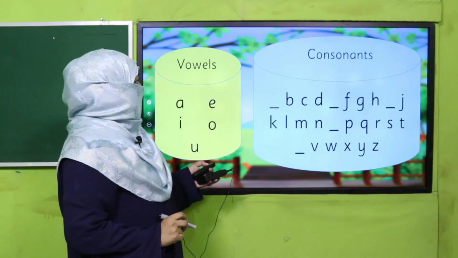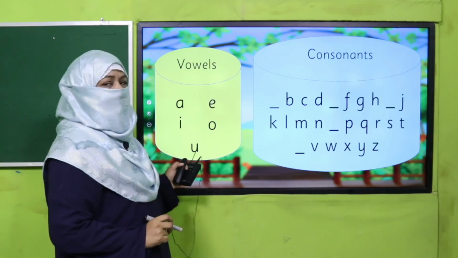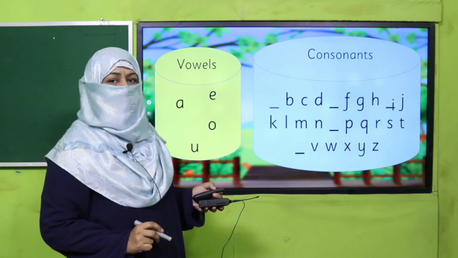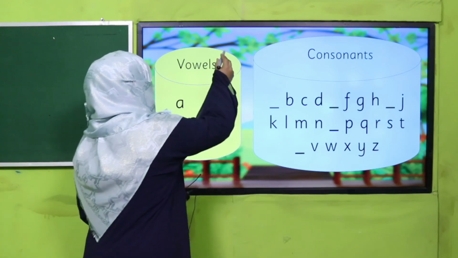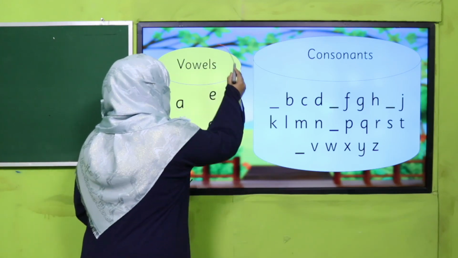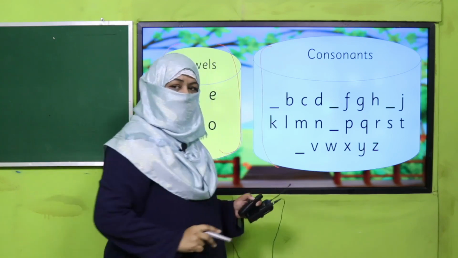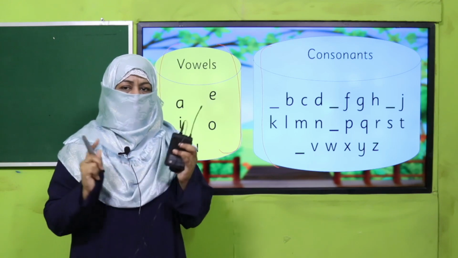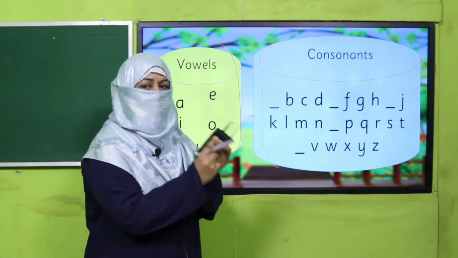And what are consonants? When we take these 5 vowels, A, E, I, O, U, and keep them separate, the rest are consonants. These 21 letters are consonants. So, blending sound means you say the sounds and you merge them, you say them together.